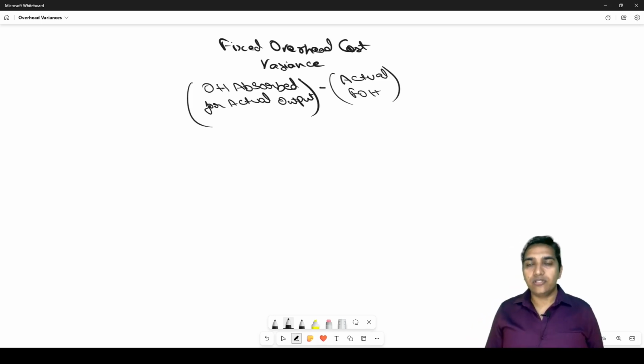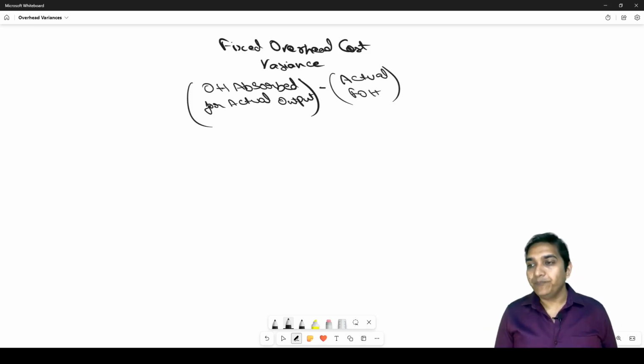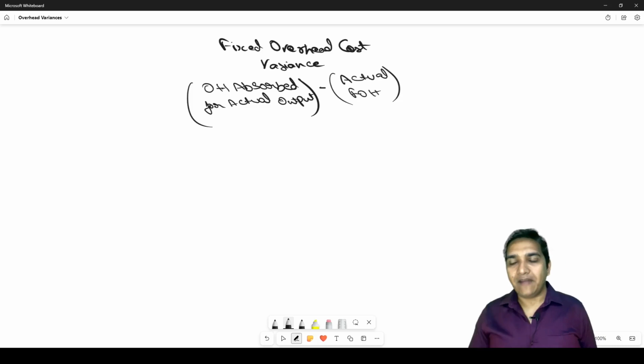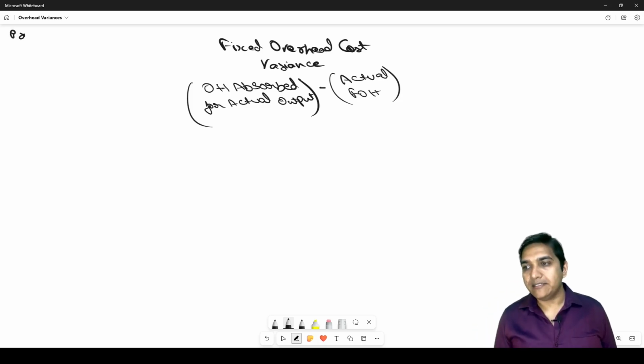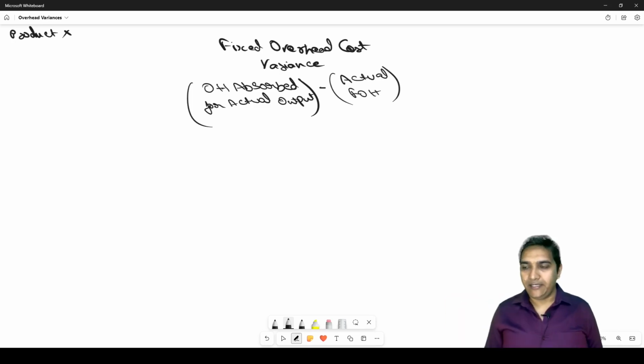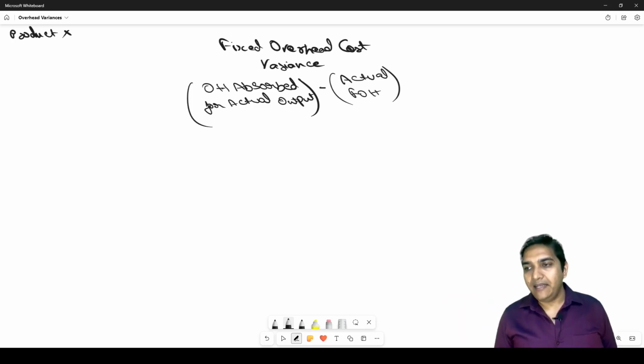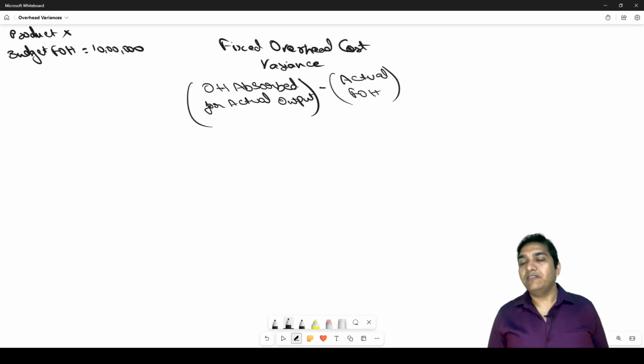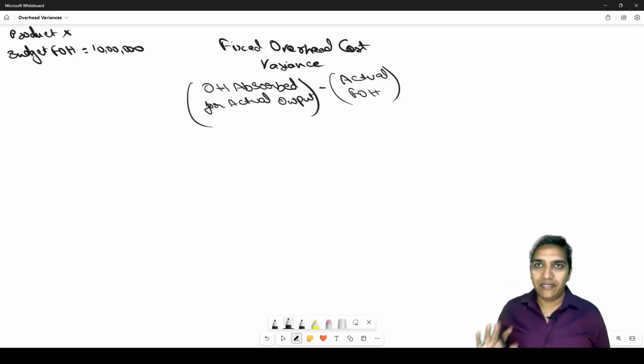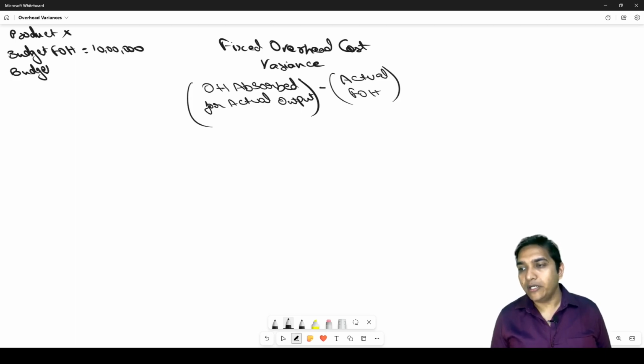Now, why do we use the word absorbed? Let's understand with an example. Let us say there is a factory manufacturing product X. The factory budgets total fixed overheads to be 10 lakhs and they budget the output quantity also.